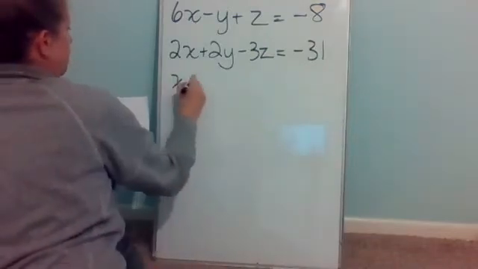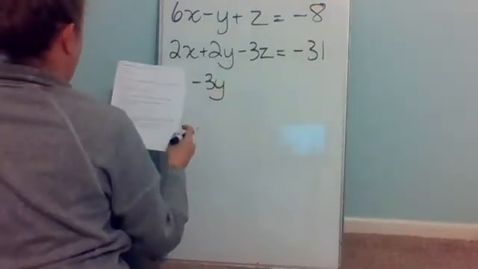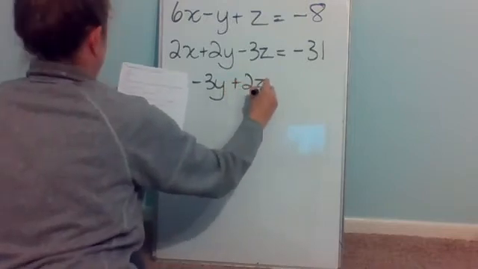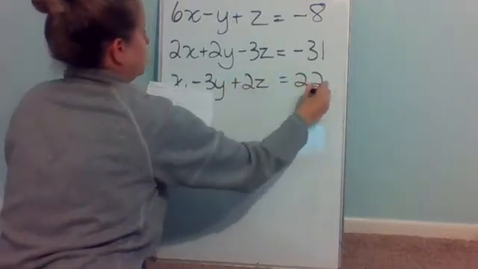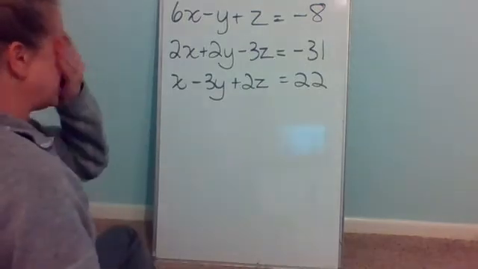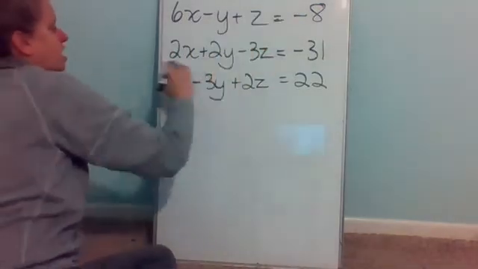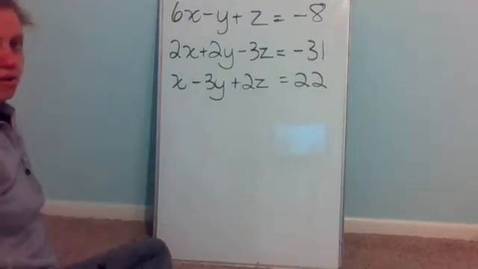And x minus 3y plus 2z equals 22. So this time I have 3 equations with 3 unknown variables.